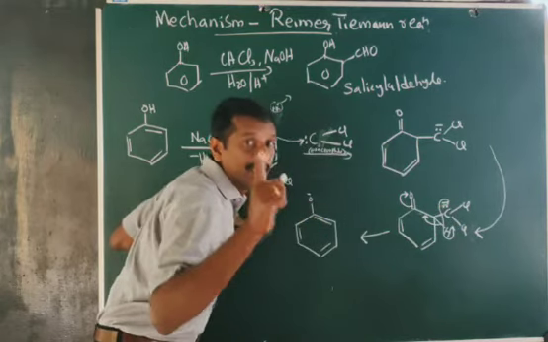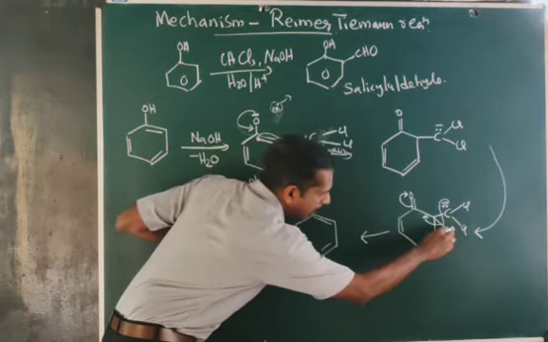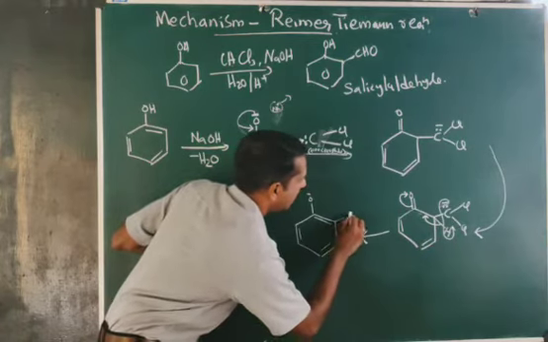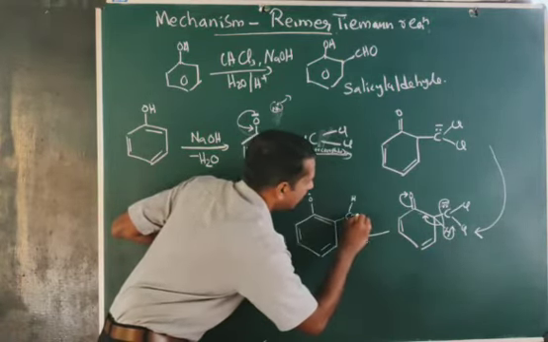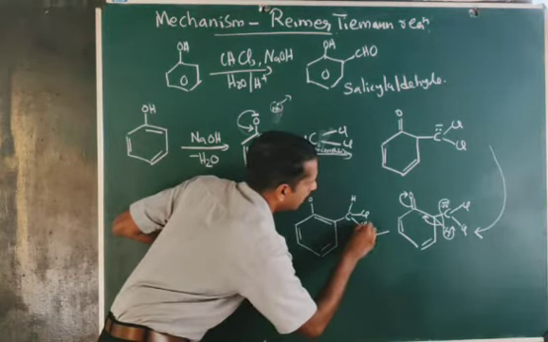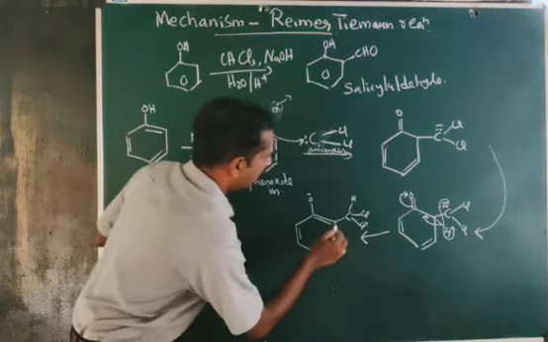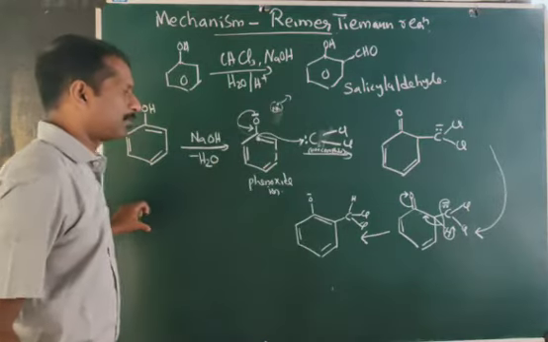Because of this negative charge on this carbon, this carbon will abstract a proton, H plus, from this carbon. And what do you get? A C, and you are getting a hydrogen on this carbon, and of course our chlorine is here. The second chlorine is also here. Clear? And here is a double bond. Here it is like this.